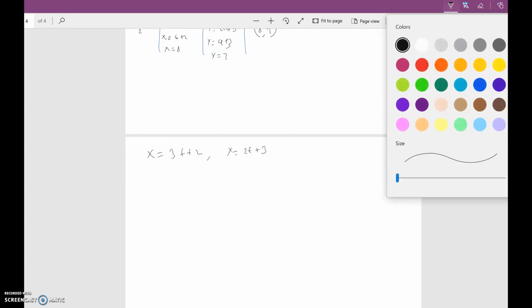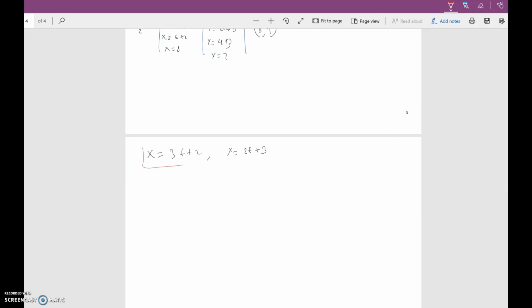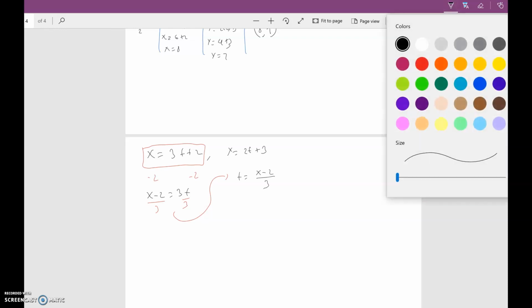What I'm going to do is pick one equation, solve it for t, and then plug it into the other one. So we're going to be subtracting 2. Therefore, we have x minus 2 is equal to 3t. Then divide by the 3, so that our equation in terms of t happens to be x minus 2 divided by 3.